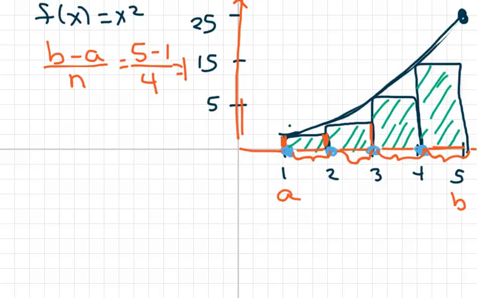So we're using left endpoints, because we can't use all 5, because then we'd have too many rectangles. So we're going to approximate the area, and the area is basically base times height. Well, our base is 1, but I'm going to do the height first.